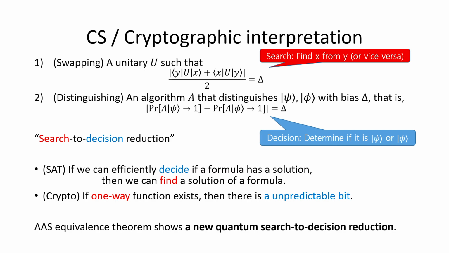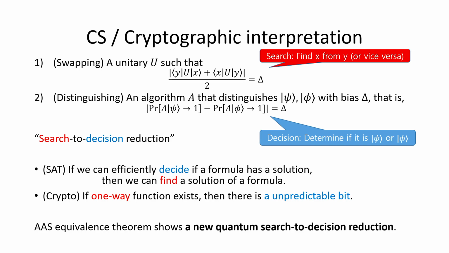We know that search-to-decision reduction is very important in cryptography and computer science. For example, the satisfiability problem is usually defined as a decision problem, but we usually want to find the solution.